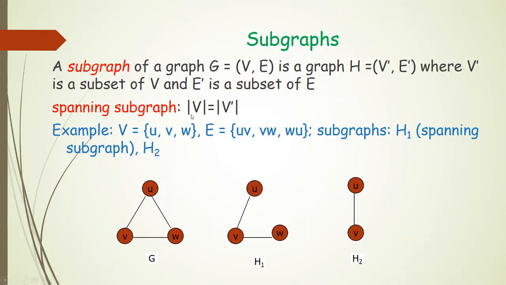Again, if the vertex set of G is equal to the vertex set of H, then the subgraph is a spanning subgraph.